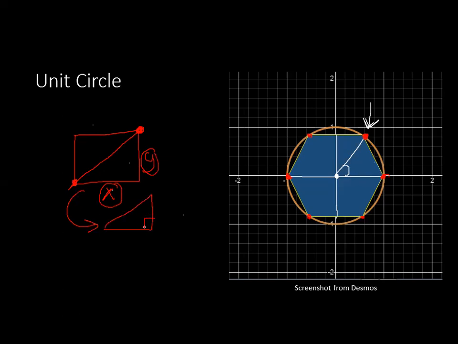In a square, this is 45 degrees, and this is 45 degrees. Okay. So here we will do the same thing. We will find the horizontal, then the vertical. So here we will have a vertical line here, and we have the horizontal line.